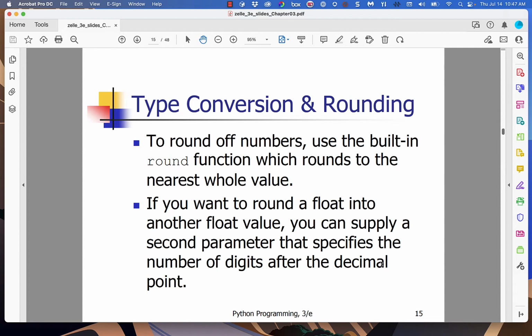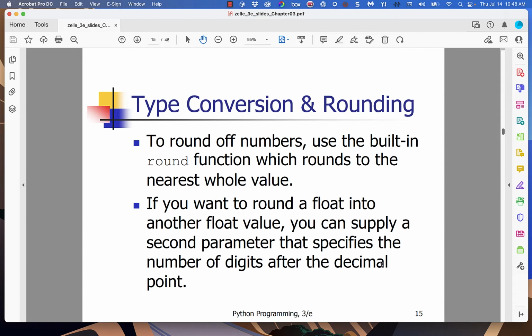So a round of 5.123 is going to give you the int value 5. A round of 5.999 is going to give you the int value 6. Okay? So if we just use int, we truncate off the decimal fraction. If we want rounding, we need to use round.